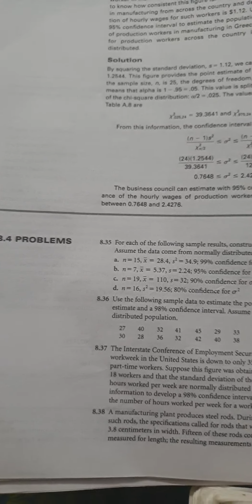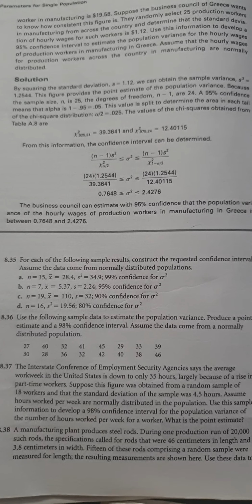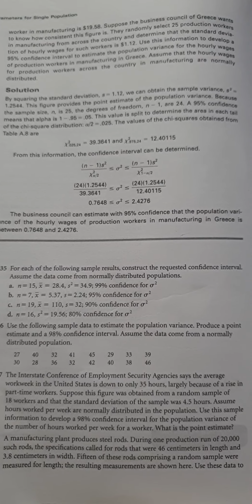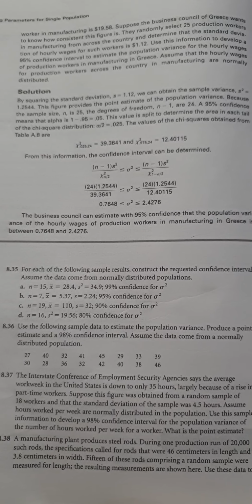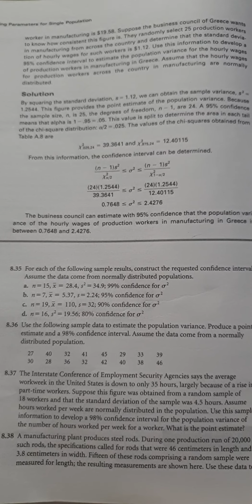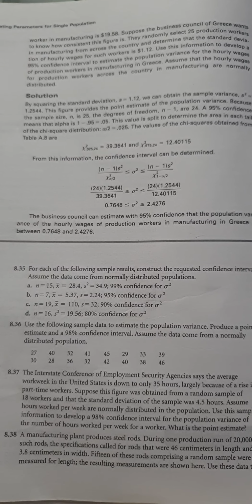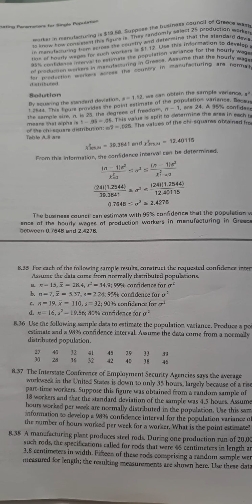Exercise number 8.4, sum number 8.35, page number 280. For each of the following sample results, construct a requested confidence interval. Assume the data come from normally distributed populations. n equals 15, x bar 28.4, sample variance 34.9, 99% confidence interval for the population variance.